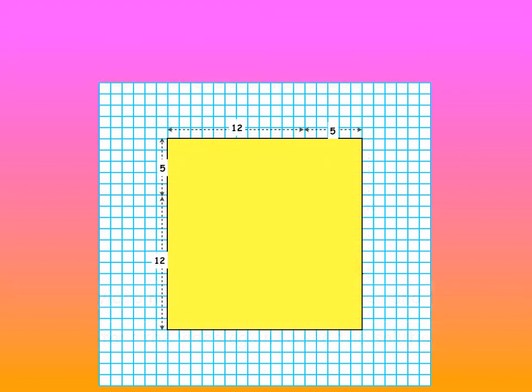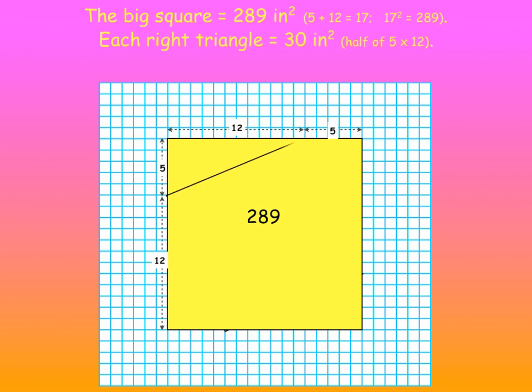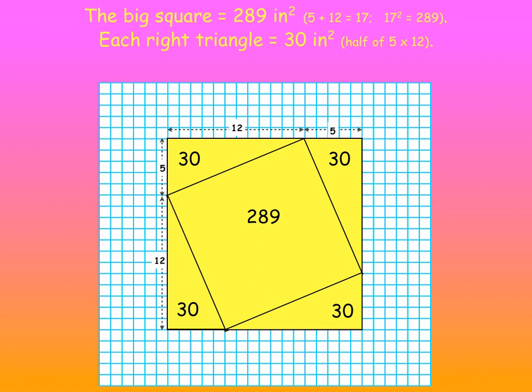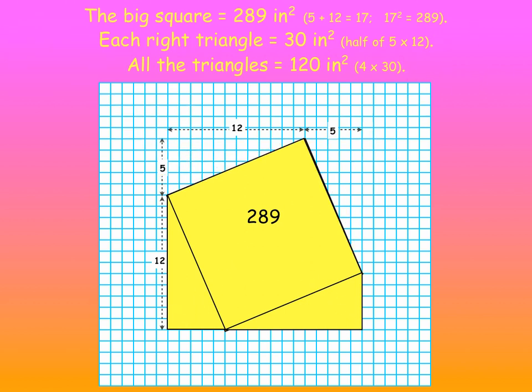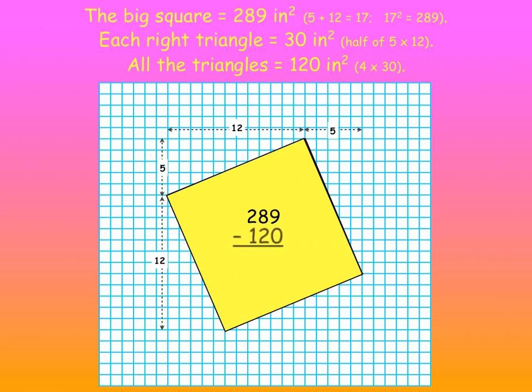Here's the solution. The big square is 289 square inches. Each right triangle is 30 square inches. All the triangles make 120 square inches. If we take them away, basically we just did 289 minus 120, which leaves 169.